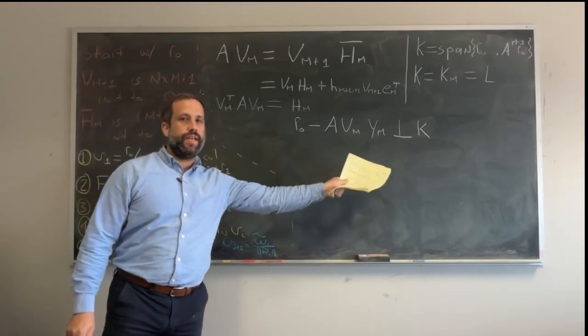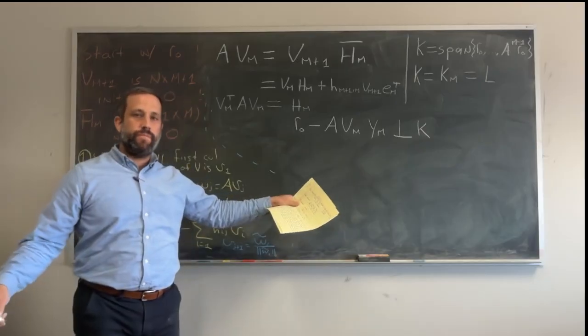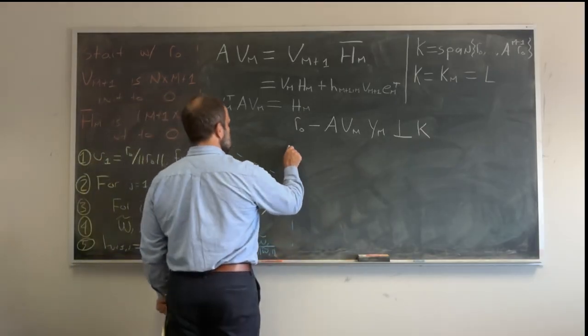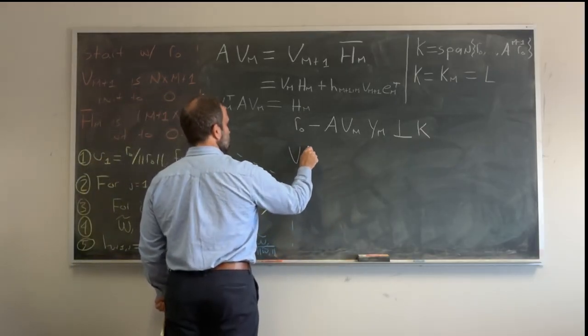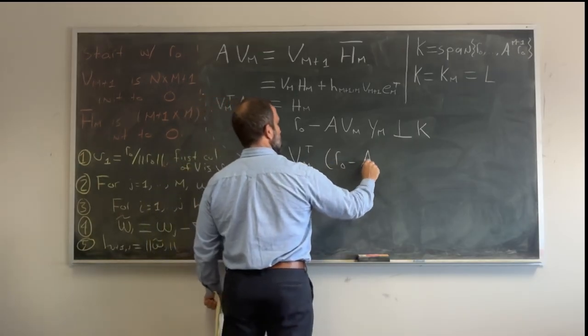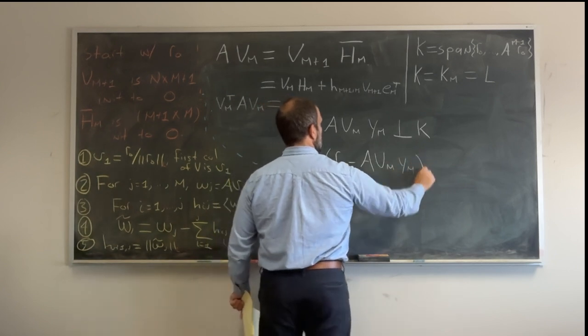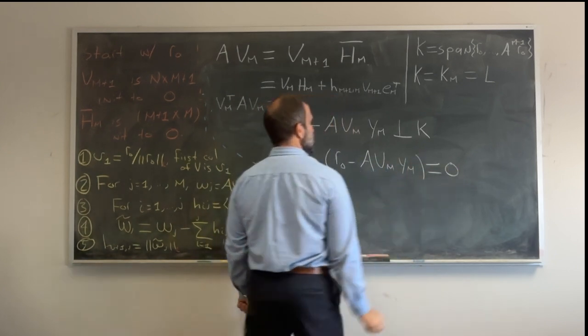If I do the inner product of this with V2, it's equal to 0. If I do the inner product of this with V3, it's equal to 0, and so on and so forth. So I can write this as V_m transpose times (r naught minus A V_m y_m) is equal to 0.